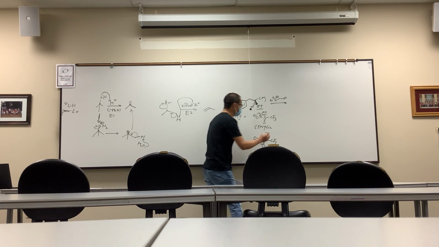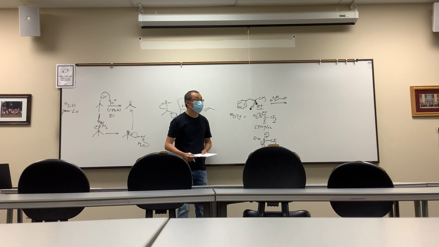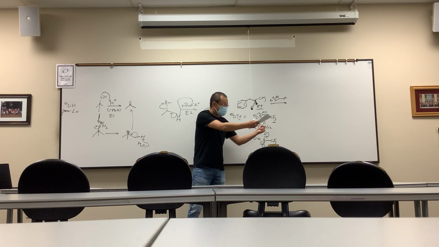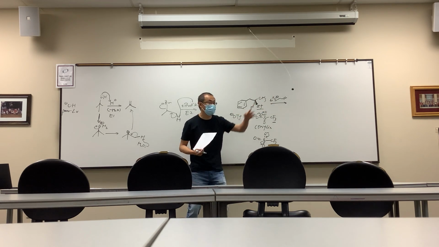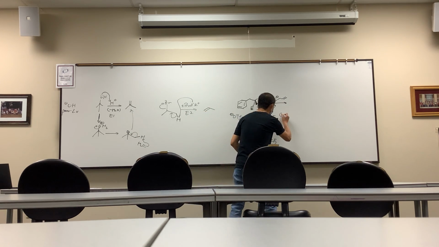Another factor is, take a look at this guy. We have fluorine. Fluorine is a very electronegative atom. So the fluorine will try to grab the negative charge across the system, making it more delocalized. The first effect we call resonance.